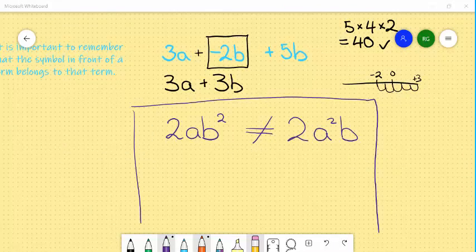I also want to show you that 2ab squared is not the same as 2a squared b. Now I'm going to prove this by substituting in some numbers.